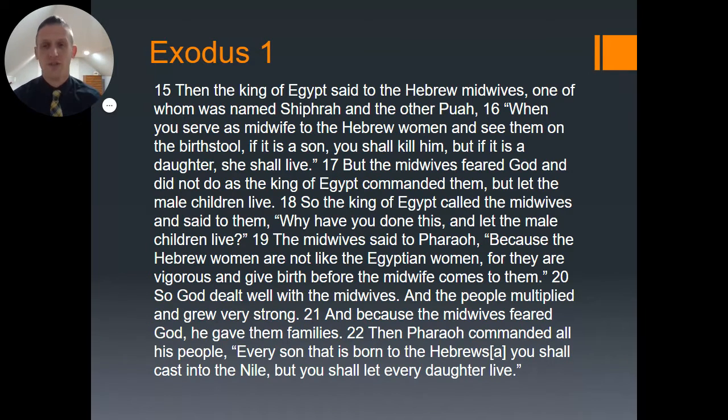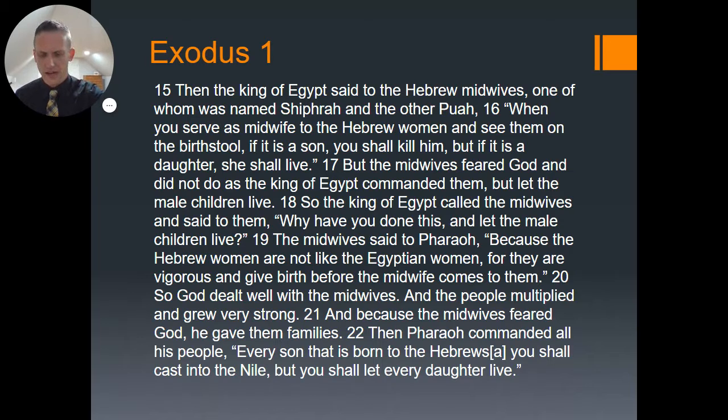Eye for eye, tooth for tooth, life for life. God is going to do justice here in Egypt. Now, it seems that this order is short-lived, and probably rooted in some sort of religious claim.